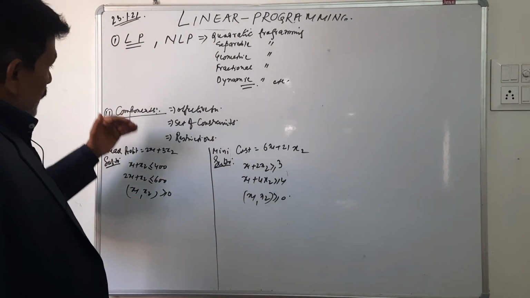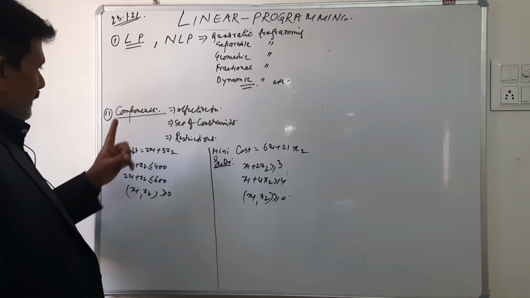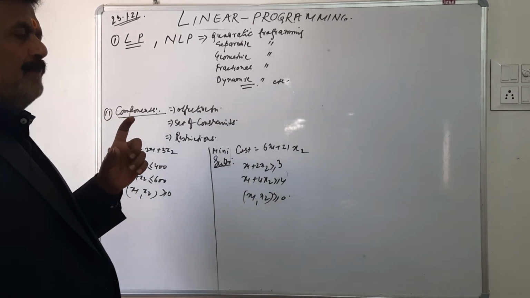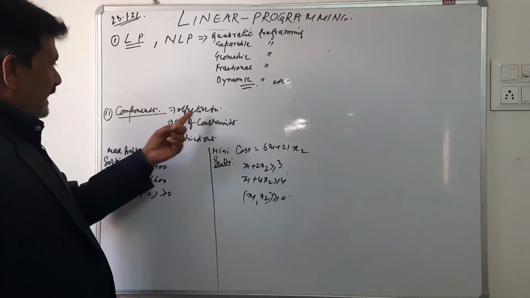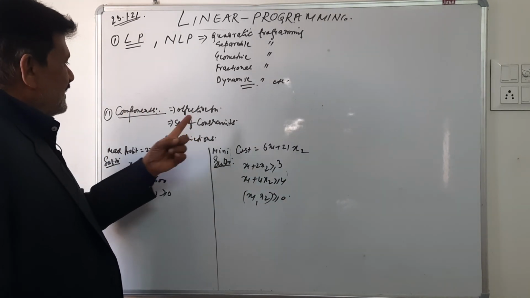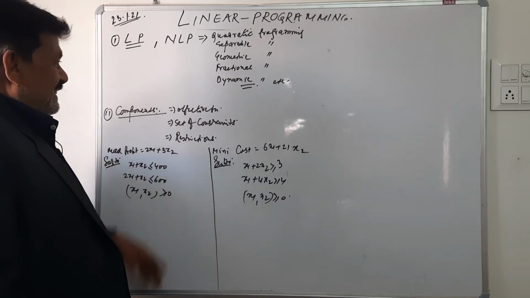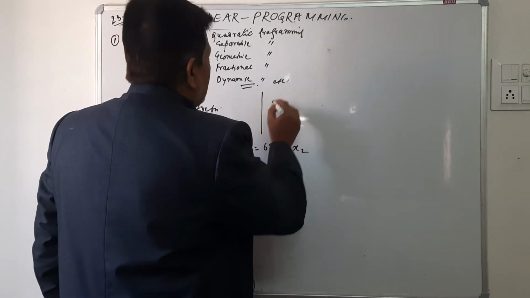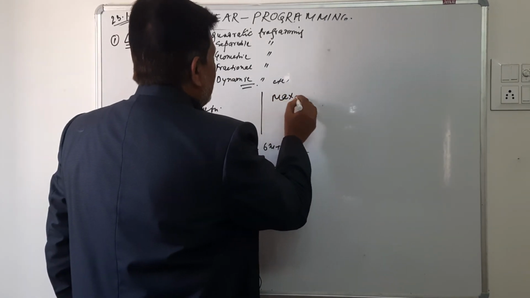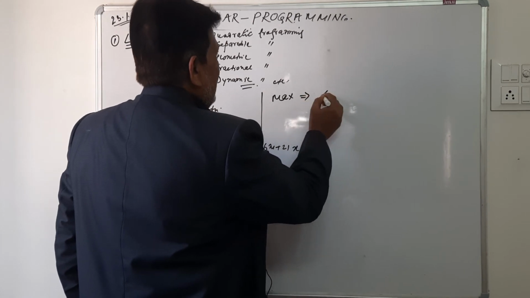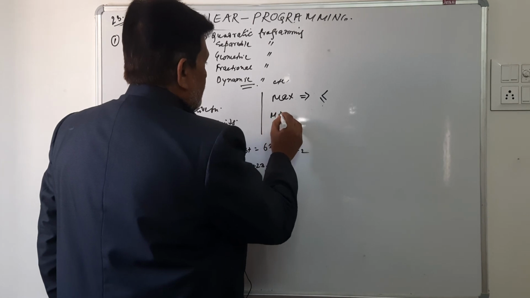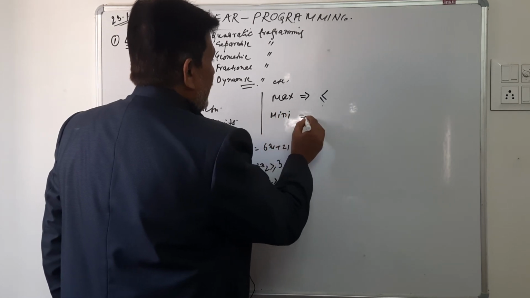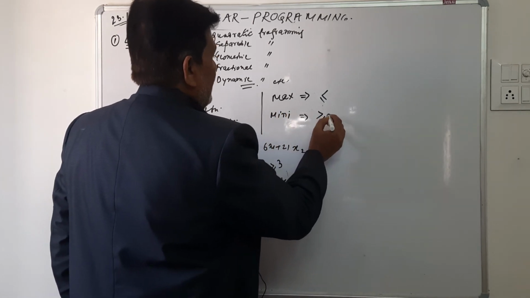As far as the components of LP are concerned, a standard LP sum has three components: the objective function, the set of constraints, and restrictions. If we are dealing with a maximization program, then we shall have inequalities of the form less than or equal to, and if we are handling a minimization program, then we have greater than or equal to.